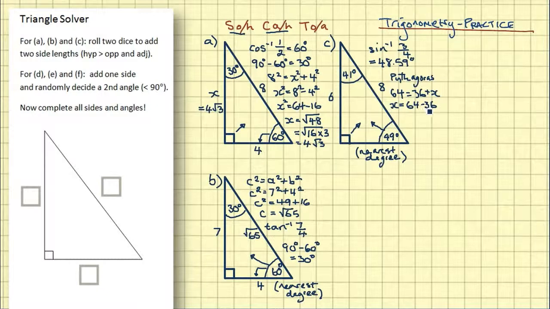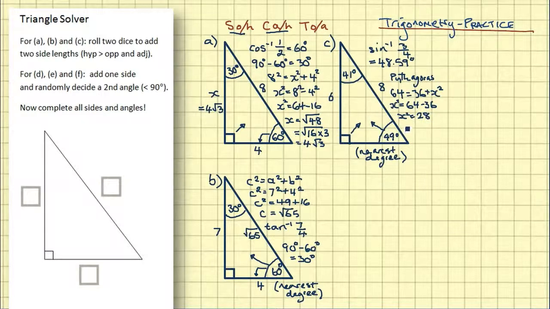Again, easy to make little slips here. You can use your calculator obviously, but you shouldn't need to. If I think of what would I add to 36 to make 64, that would be 28. Yeah, 28 add 36 would be 64. So x squared equals 28.